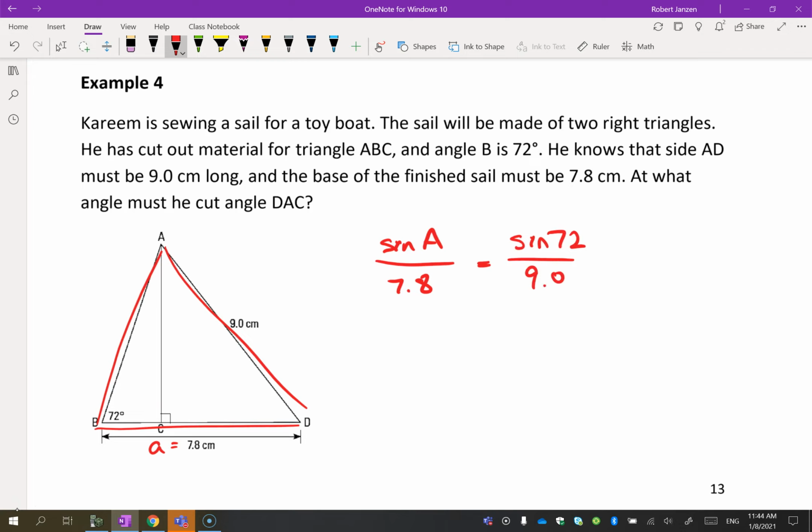Okay, so if I cross multiply, 7.8 times sine of 72 equals sine of A times 9. If I want to get sine A by itself, I'm going to divide by 9.